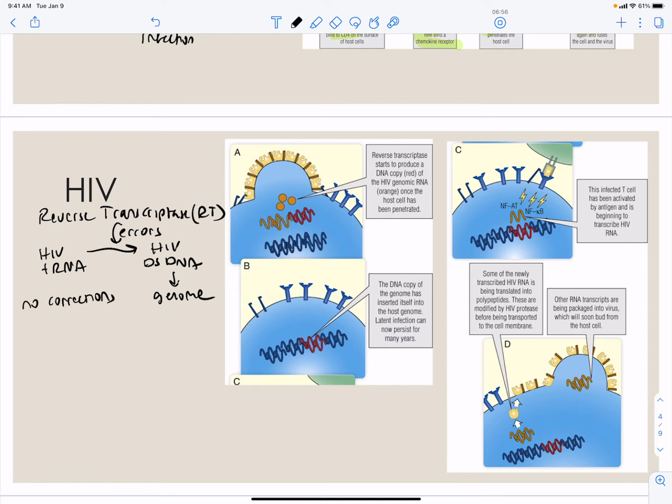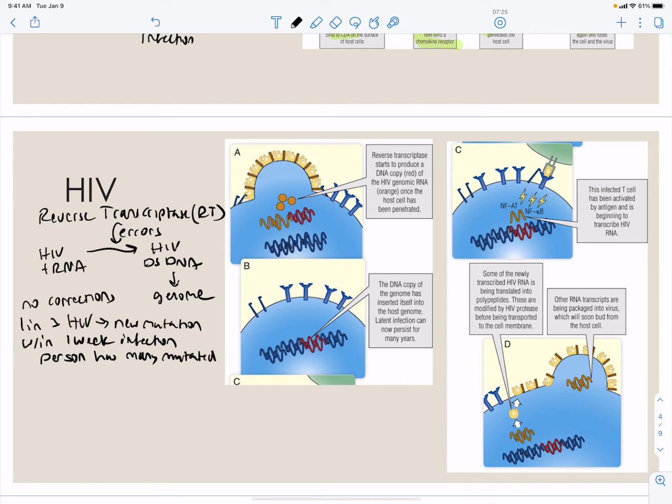And so 1 in 3 HIV life cycles is a new mutation. So within a week of infection, a person has many mutations, mutated viruses. And this is typical of RNA viruses.